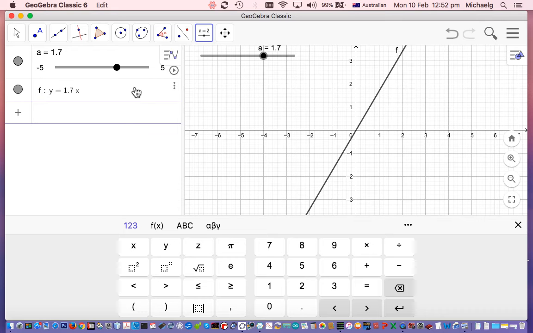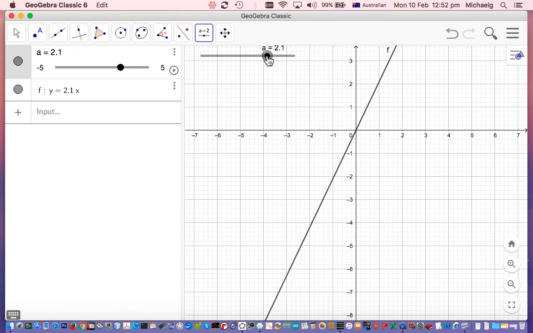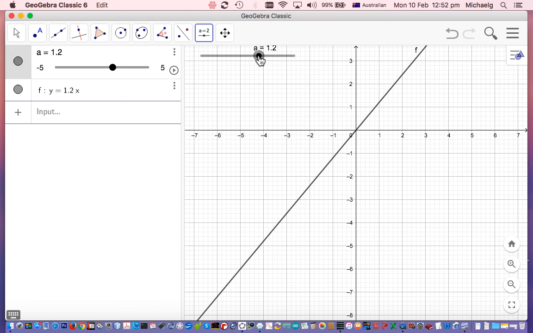As I change this, you can see the definition of proportionality: if x and y are proportional, then we make them equal by putting in a constant.